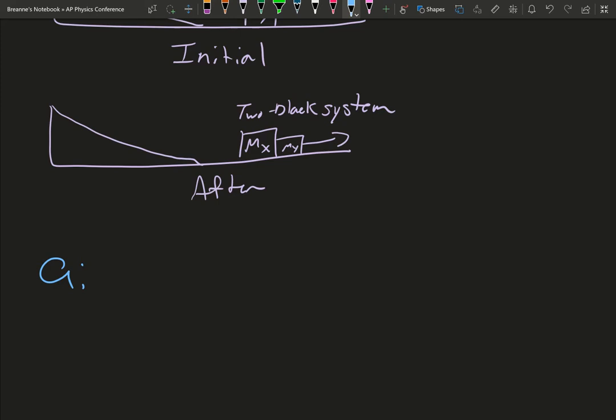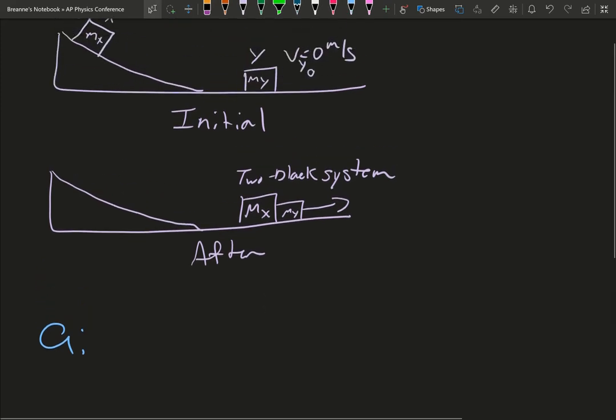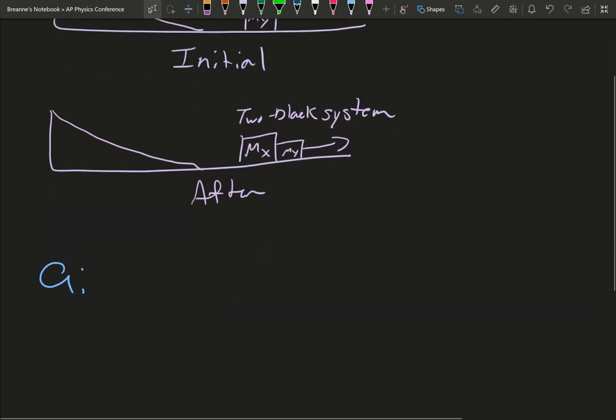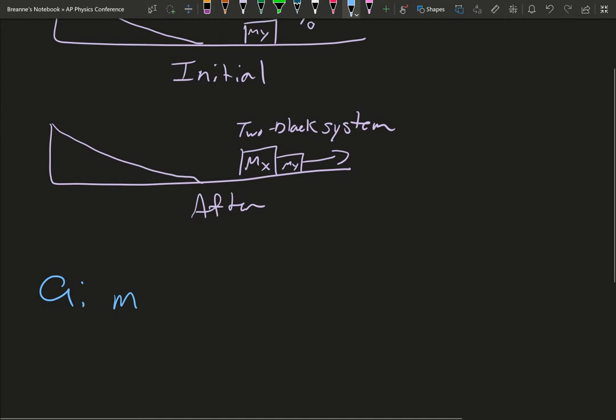So the students will need to use both conservation of momentum and conservation of energy equations. Because it's asking how the height compares to the speed, for your momentum equation, you're going to have mass X with velocity X before the collision, and your Y is not moving, so you don't have to worry about that.